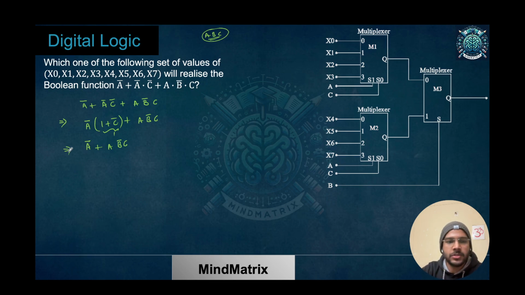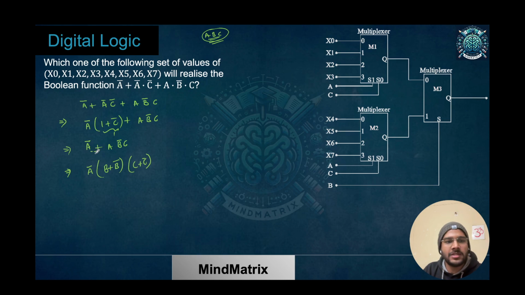Now what we can do is we can try to write this equation or this function in the complete canonical SOP form. So what we can do is I can write here like this. Let's say here I can write it is going to be B or B complement, C or C complement, right?